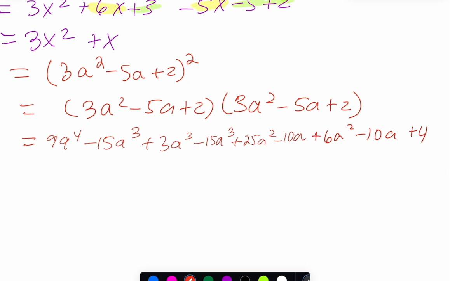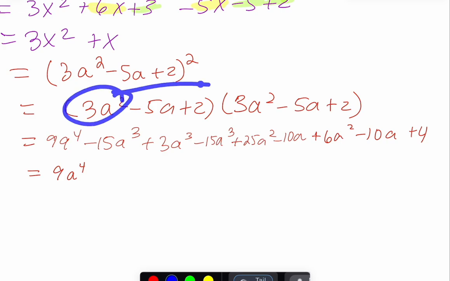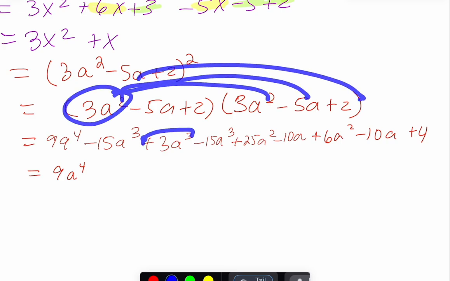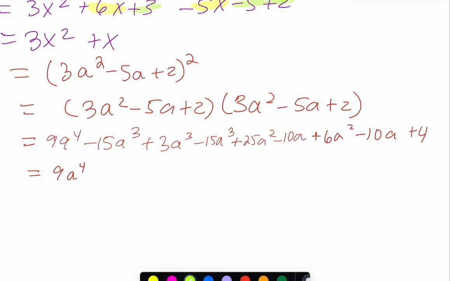Okay, so our highest power is the a to the 4th. There's nothing else, so it is what it is. Then if we look at the cubed, I think I did one of them wrong, didn't I? Okay, wait, let's see. So that went to that and that and that. This one's wrong. Okay, sorry about that. So that would be 6a squared.